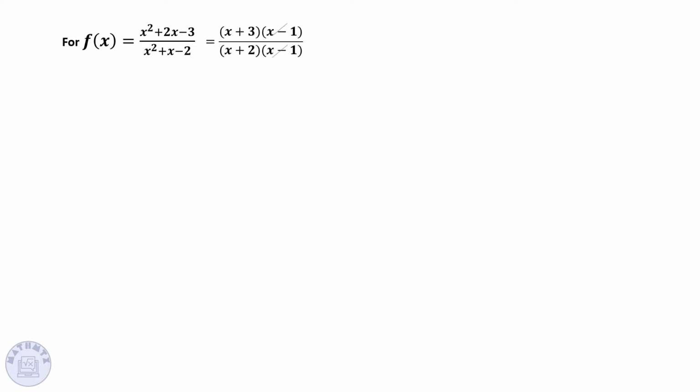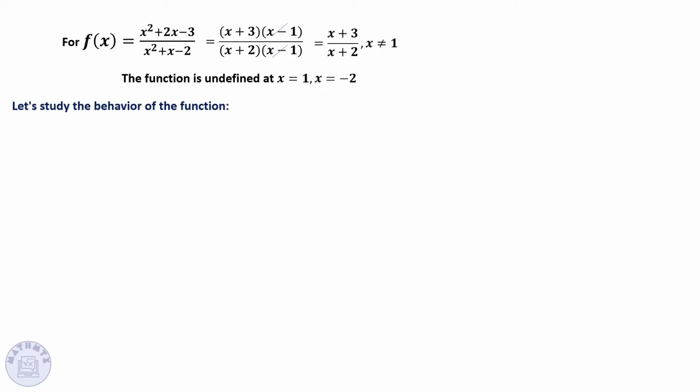You can first factor it and try to simplify the expression. You can see zeros of the denominator at x equals 1 and x equals negative 2. These two values make the denominator 0, which makes the function undefined.